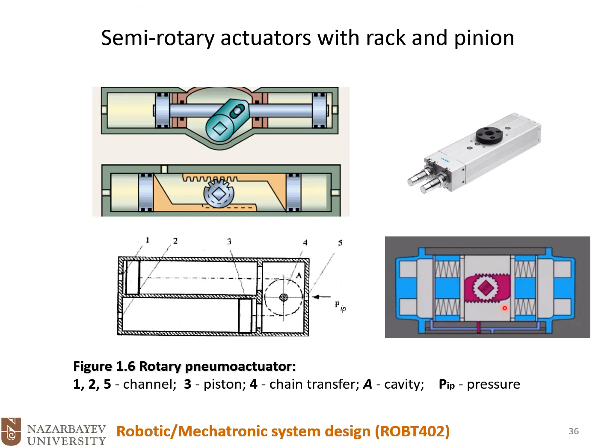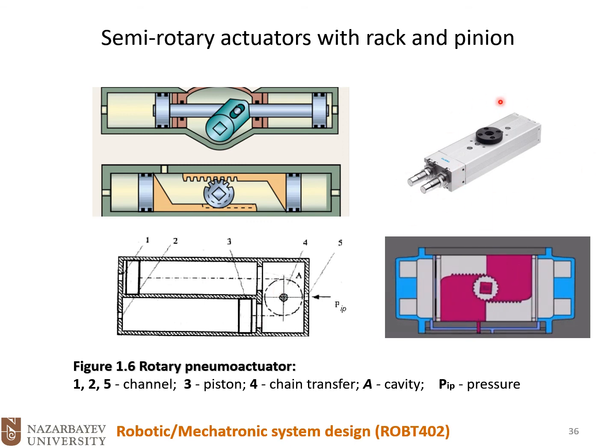So in this case, you could see one example that we have two pistons and racks attached to the pinion, and that converts the linear motion to the rotary motion. On this one also a similar mechanism. We have two pistons, rack and pinion. And on this one, instead of rack and pinion, they use a pulley and cable.